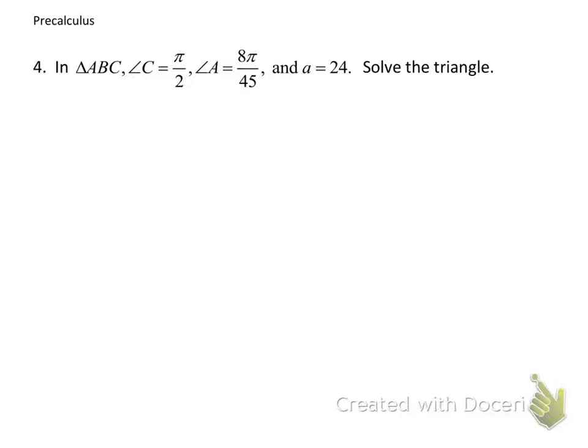So the first step is to draw our triangle. And it tells us that C is pi over 2. Now recall that 180 degrees is pi radians. So if we have a 90-degree angle, it's pi over 2 radians. So this is actually our angle C. We're also told that angle A is 8 pi over 45.